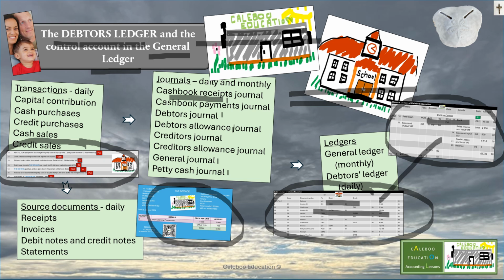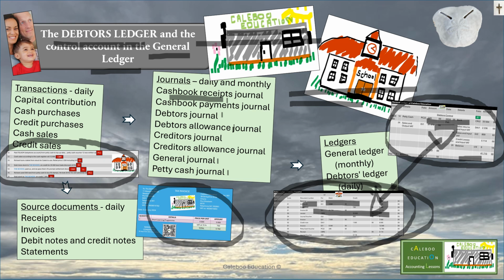And then what we're going to do is make sure that this control account in the general ledger, which is a summary of all the individual debtors, for example, an individual debtor of Caleboo Education is the school, should equal the list of the debtors.